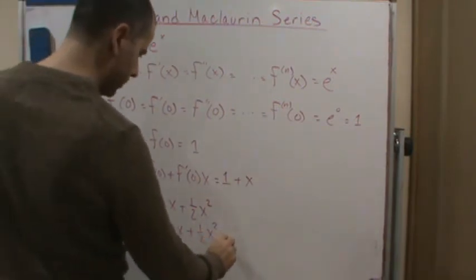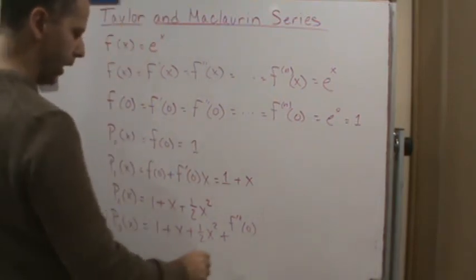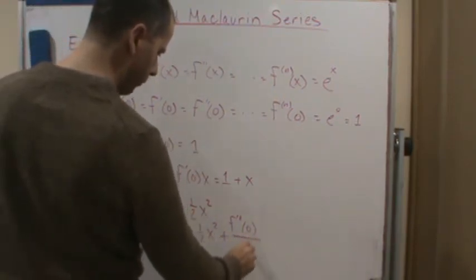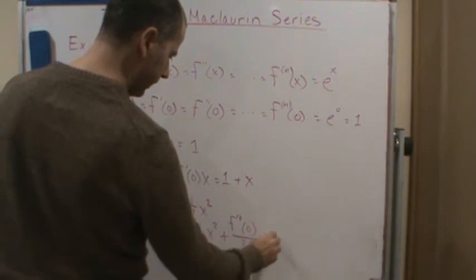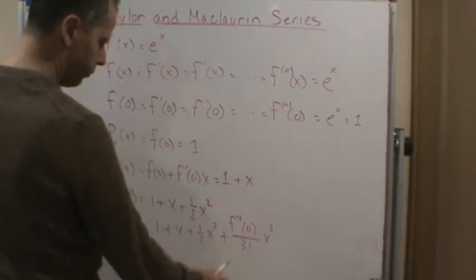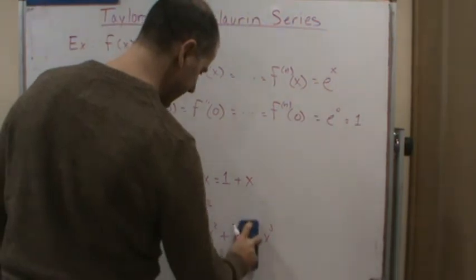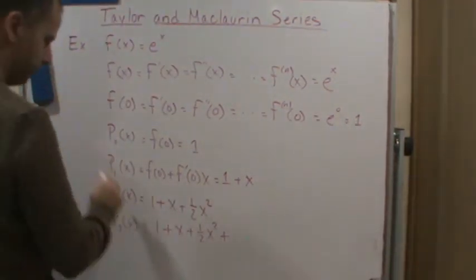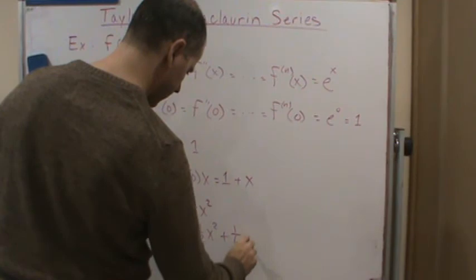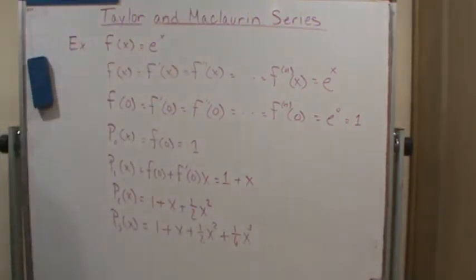But then the next term is going to be f triple prime of 0 over 3 factorial times x to the third. Well, this is just going to be 1 over 3 factorial, which is 1 over 6, so it's going to be 1/6 x to the third.